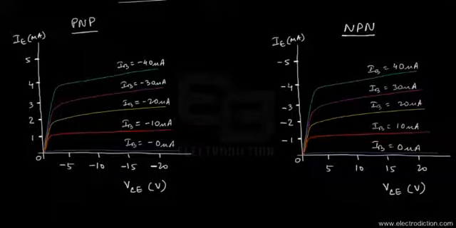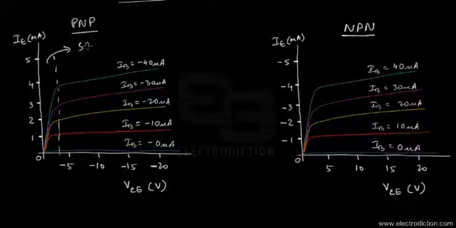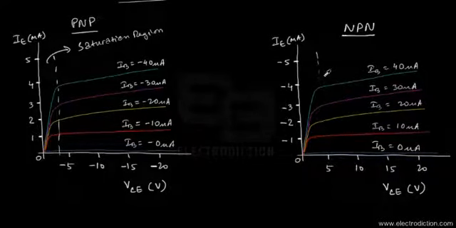These curves can also be divided into three basic regions of operation. Here we have our saturation region. I'm just going to write that down first. So here we have the saturation region for both the PNP as well as the NPN type of BJT being used in this particular diagram.